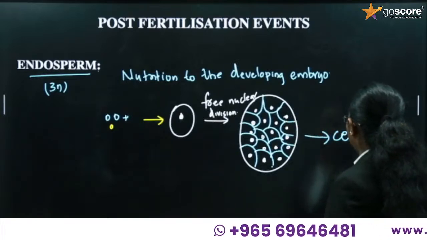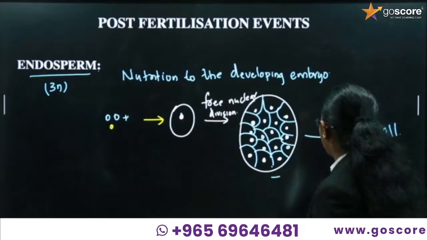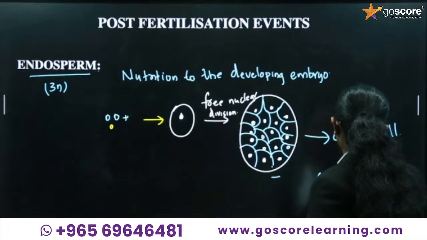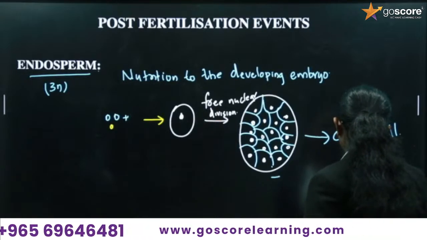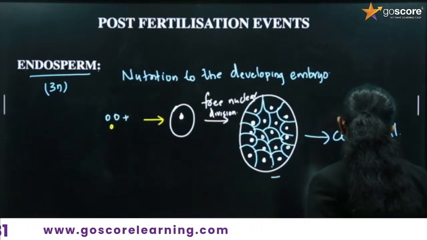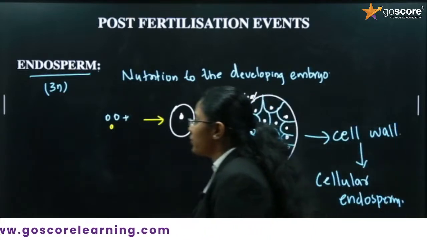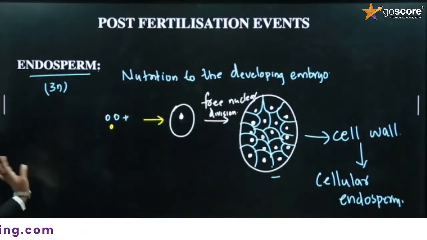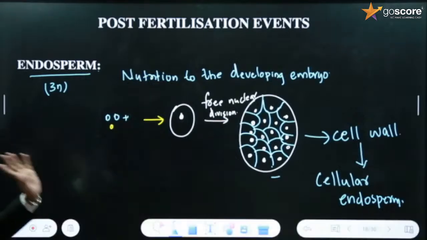When the cell wall is formed, the endosperm becomes cellular endosperm. Most of the time this happens in plants. Endosperm formation is like this.